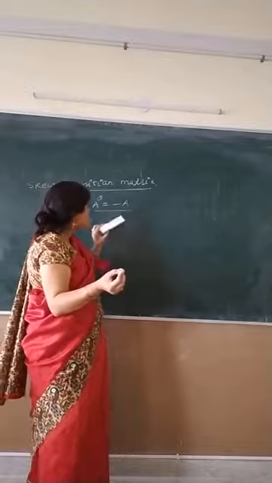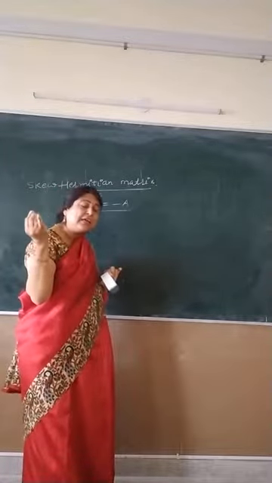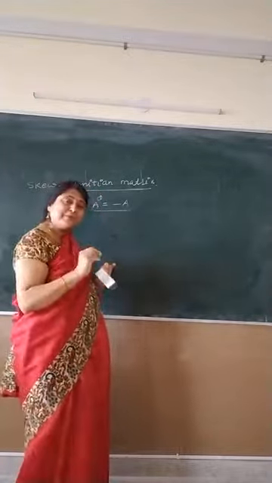Now, how do you write an example of skew Hermitian matrix?